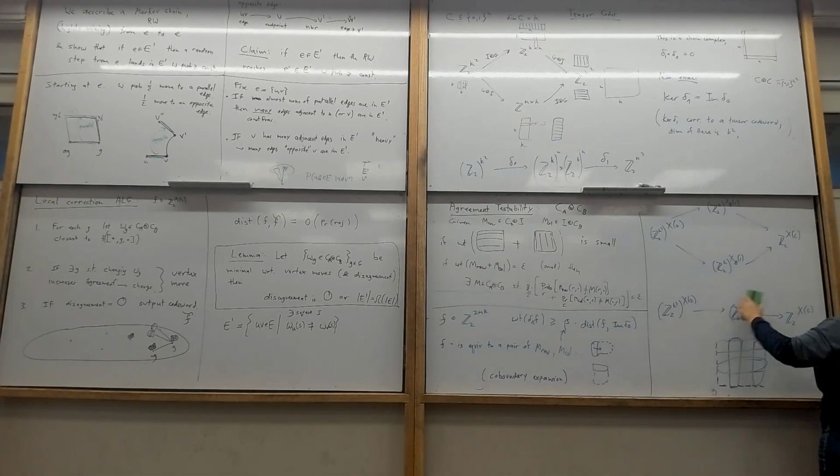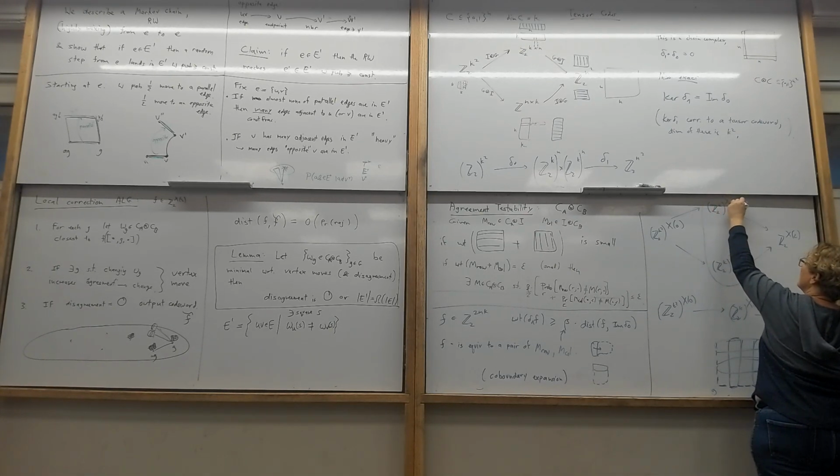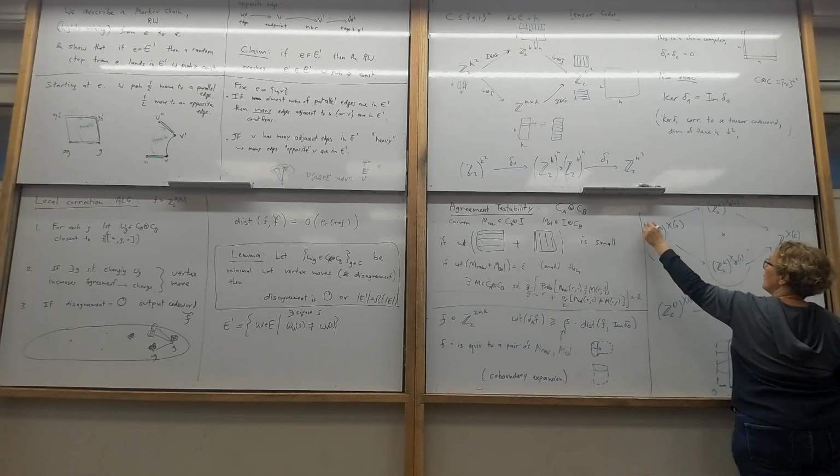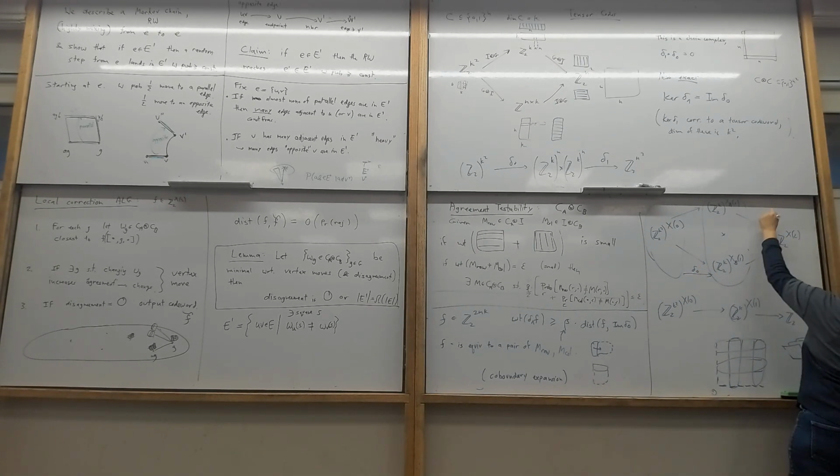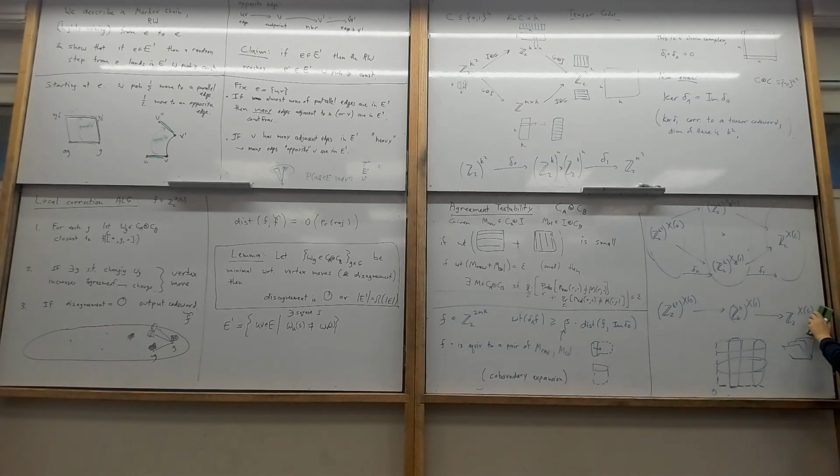Let me erase this because it's the same. It should be clear that this is one space, this is one space, there's a delta 0 here, and there's a delta 1 here.